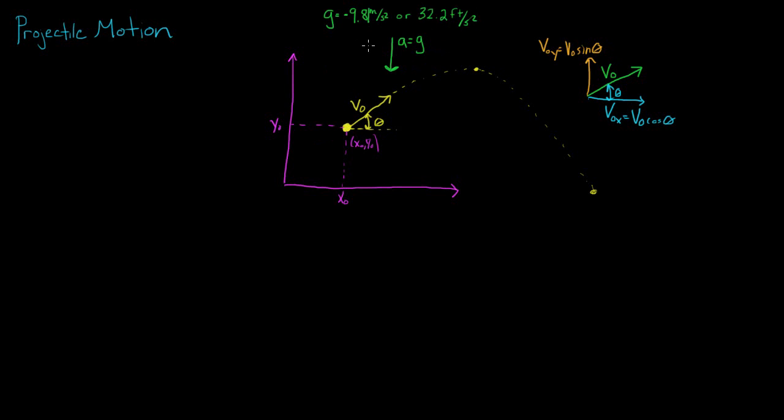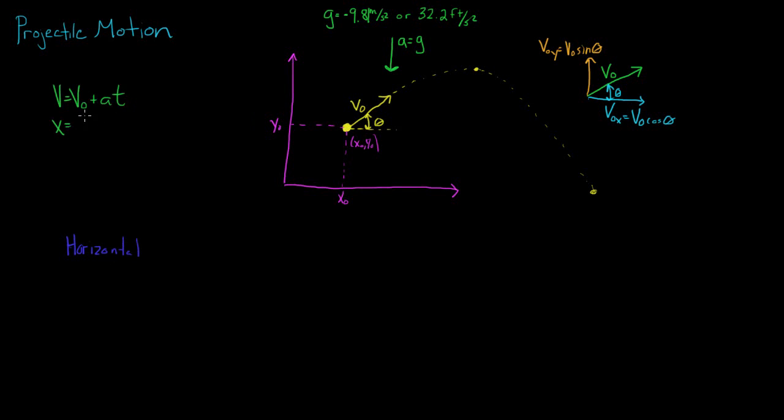So what are the equations we use to describe this type of motion? Well, we need to break up this problem into its horizontal components and its vertical components. For the horizontal components, we are going to use the kinematic equations. These are: a final velocity is equal to an initial velocity plus acceleration times time.